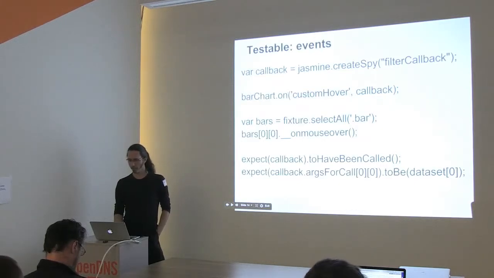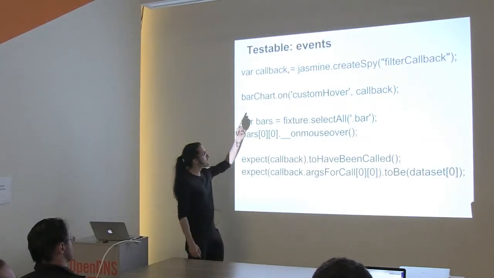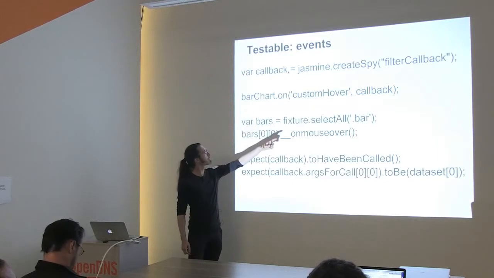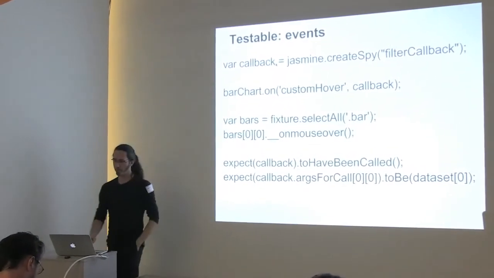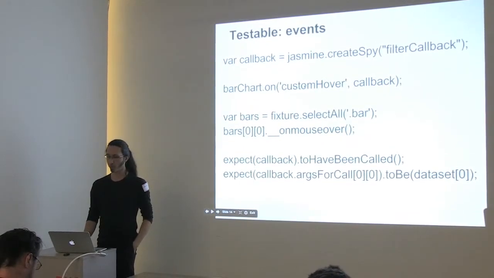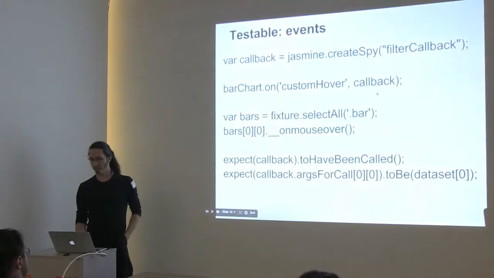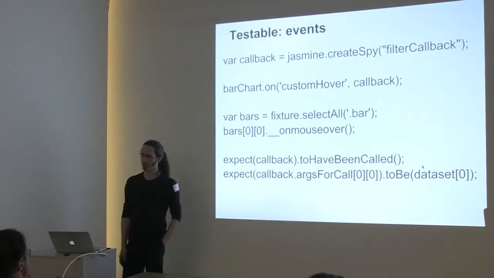So I just instantiate a callback. Then I pass it to my bar chart. We saw that my bar chart has exposed an event that is called a custom hover. So then the callback is the spy. So when I will trigger it, I can see if the callback has been called. So that's one way to just test the API.